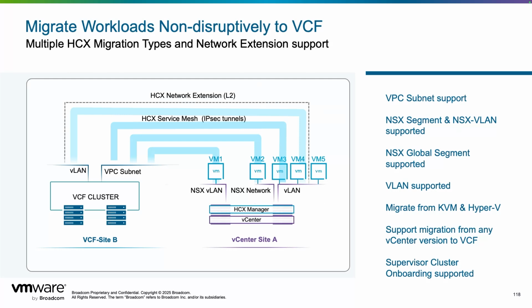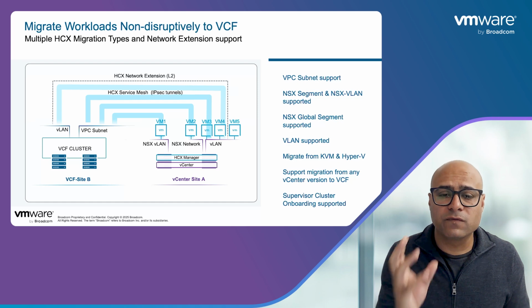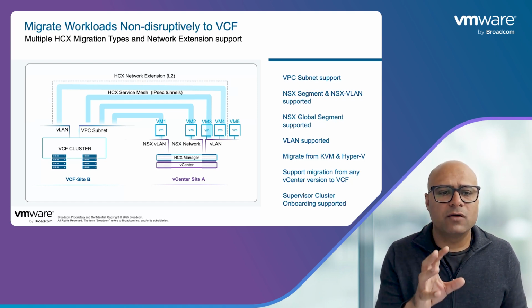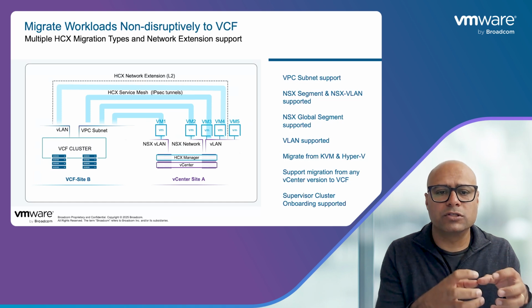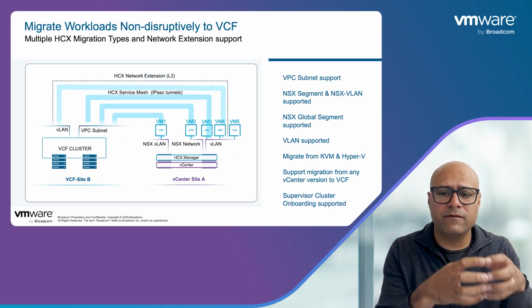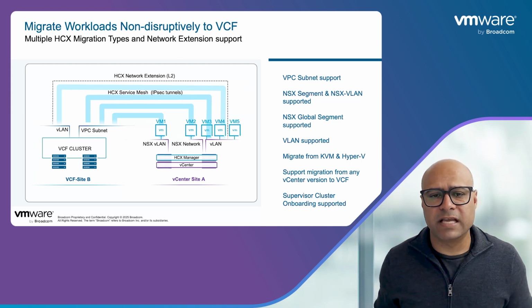And HCX provides all these different migration paths and crucial L2 network extension capabilities to maintain connectivity between sites, as we discussed. And of course, migration isn't limited to just virtual machine environments. HCX includes dedicated workflows to migrate workloads directly from non-vSphere platforms, as we discussed, KVM or Hyper-V, into VCF environments.